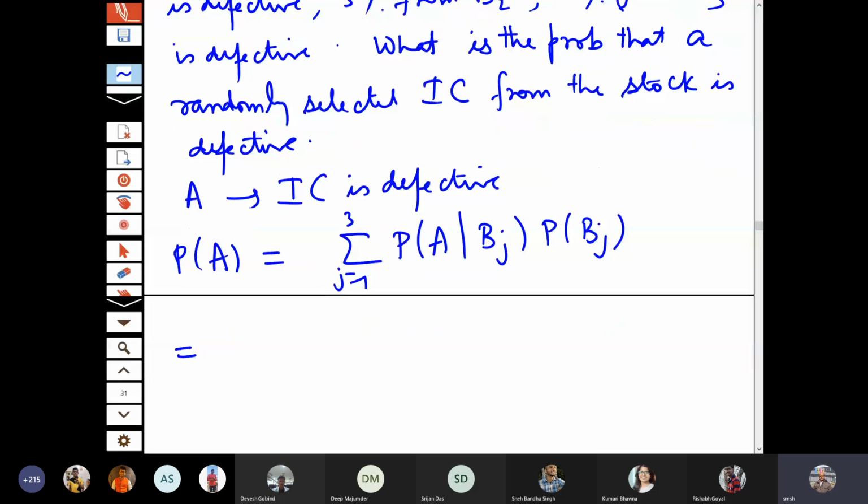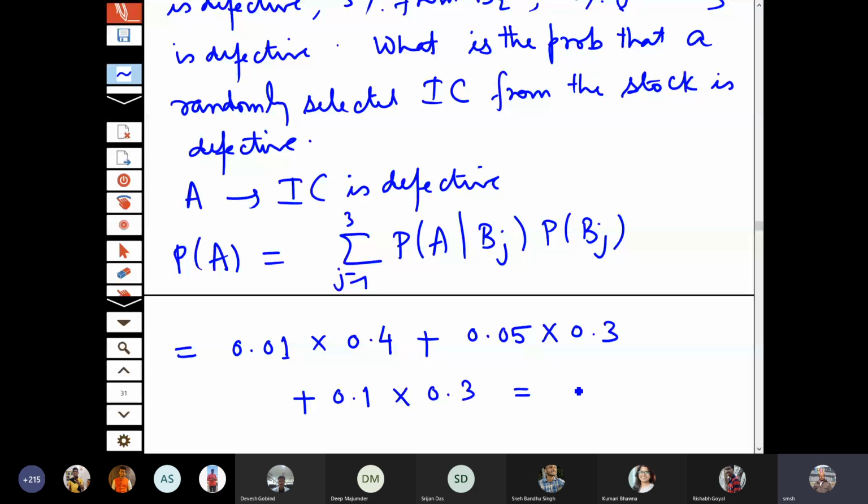What is the probability of A given B1? That means given B1, what is the probability of defective? It is 1% defective, so 0.01. And what is the probability of B1 itself? Because 40% is purchased from B1, so 0.01 into 0.4. From the second one, 5% are defective. And what is the probability of B2? Because 30% is taken from B2. And 10% from the third one are defective. And what is the probability of the third one? 0.3.